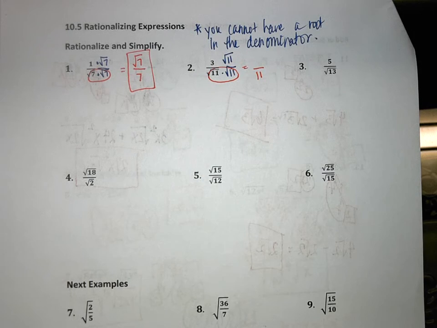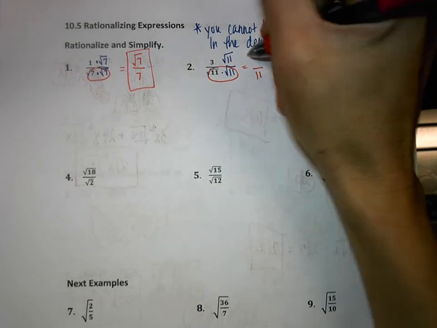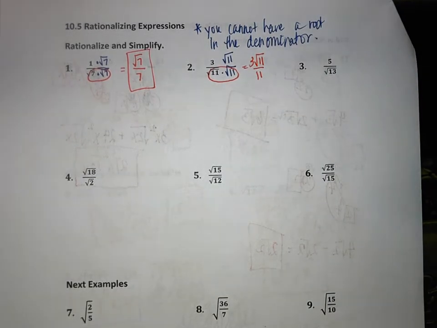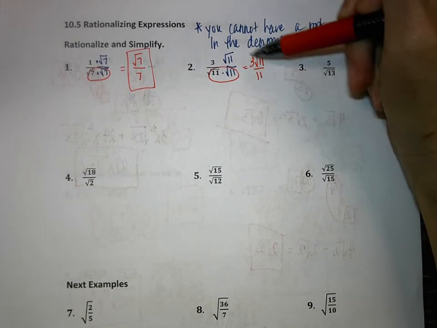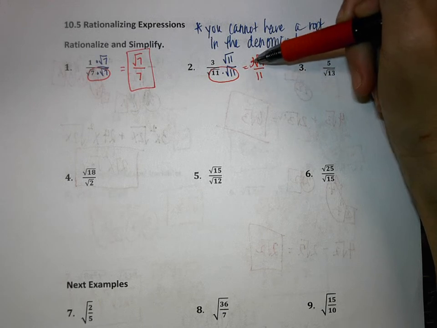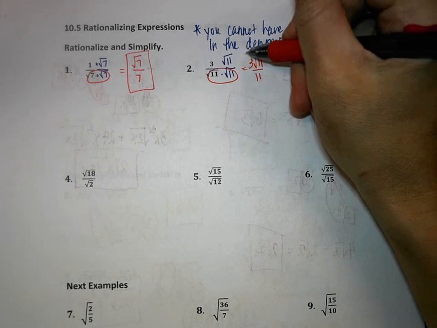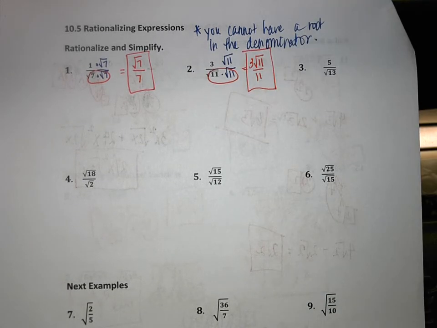Numbers that aren't in roots stay out front of the root, and numbers that are in the roots would stay in the root. So this is going to be 3 root 11. Now that I have these numbers out front, if I was able to reduce 3 and 11, I would, because both those numbers are not in roots, but 3 and 11 can't reduce. So that is my answer.